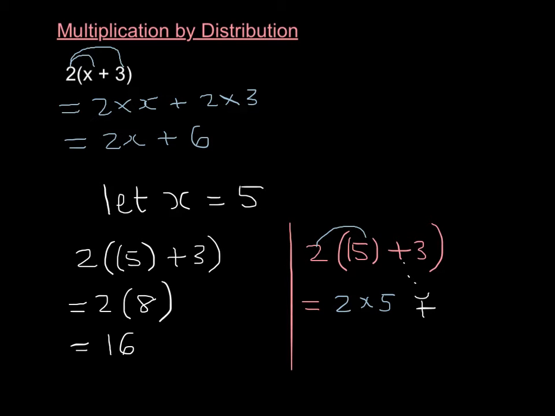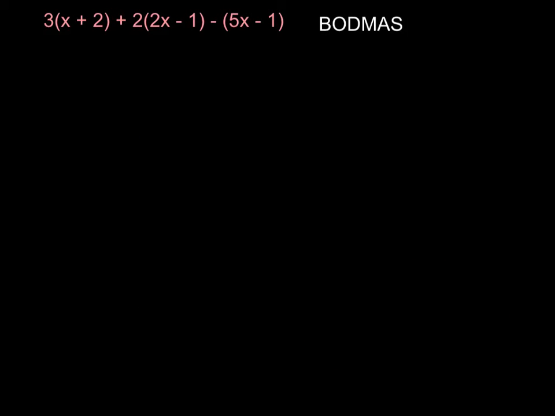Then we're going to say 2 times 3. That will give us 2 times 5 is 10, plus 2 times 3, which is 6, and that gives us 16 as well. And that's how we know that this new method can be trusted, because it gives us exactly the same answer as when we use BODMAS, which is a tried and tested set of rules that mathematicians everywhere accept as being true.